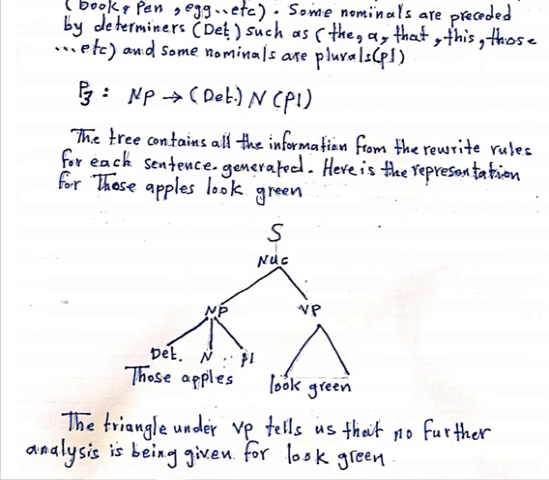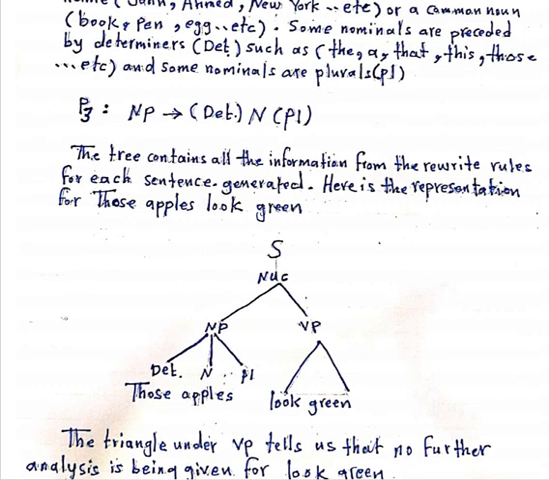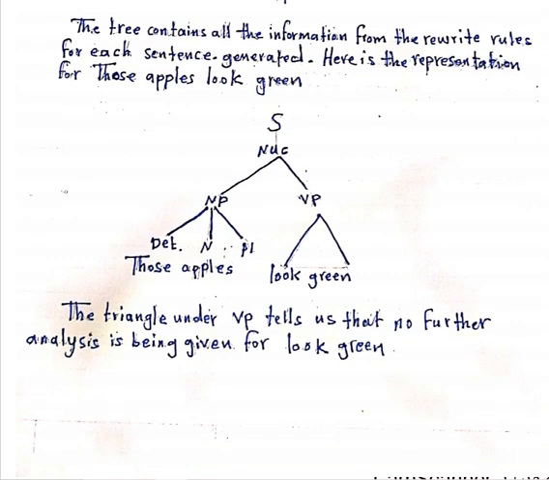The tree contains all the information from the rewrite rules for each sentence generated. Here is the tree representation or diagram for "Those apples look green."